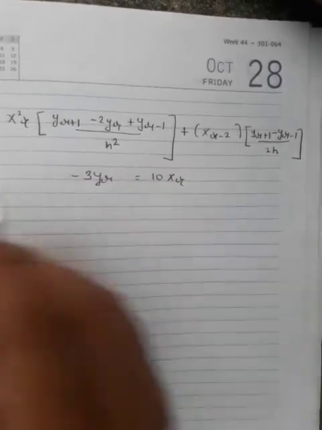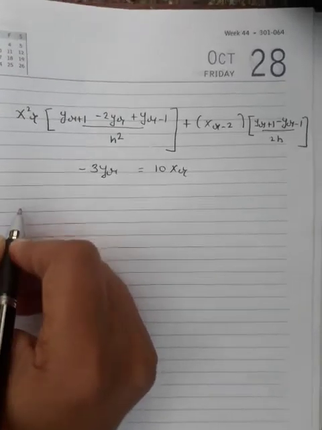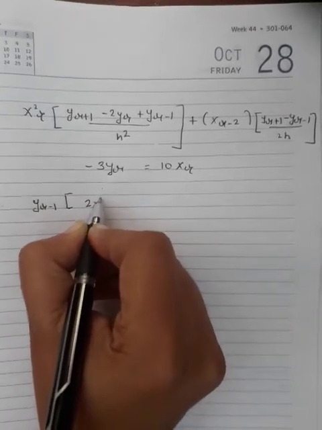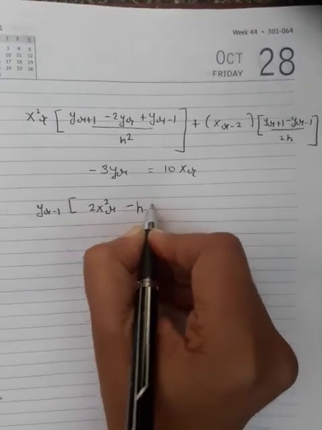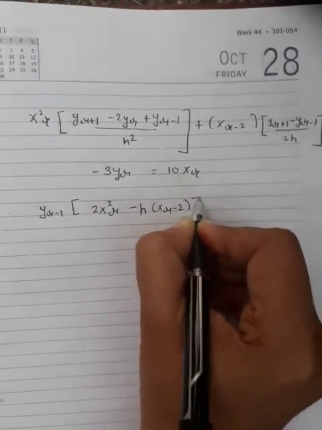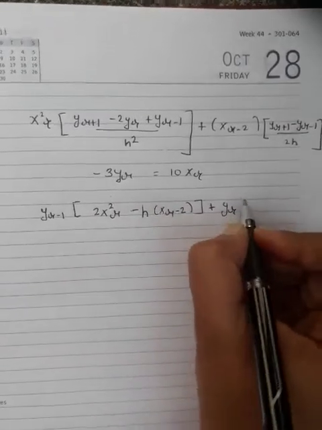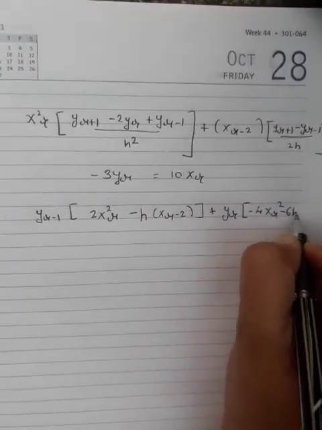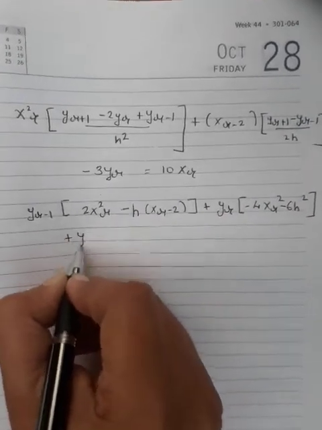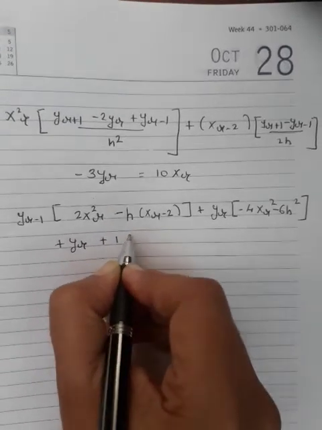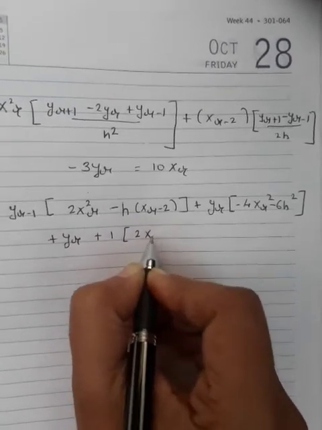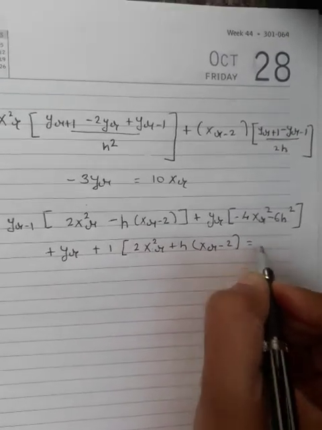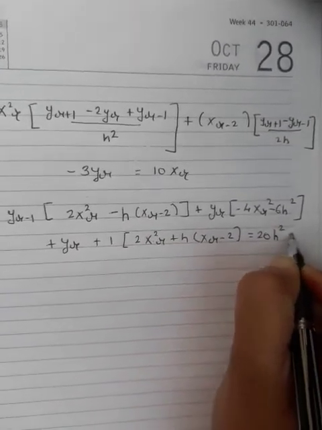After simplifying this equation, you will get y(r minus 1) times (2 x square r minus h times (x r minus 2)), plus y(r) times (minus 4 x r square minus 6h square), plus y(r plus 1) times (2 x square r plus h times (x r minus 2)) is equal to 20 h square x r.